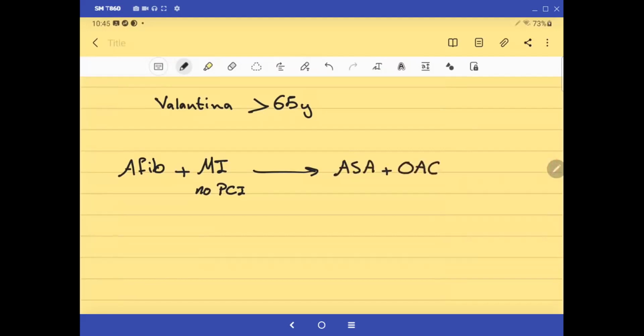Let's agree on something, okay? The antiplatelet, like clopidogrel, ticagrelor, or prasugrel, is the cornerstone in treatment. So yes, I'm going to give anticoagulant and antiplatelet, but I will give clopidogrel, not aspirin. Okay.